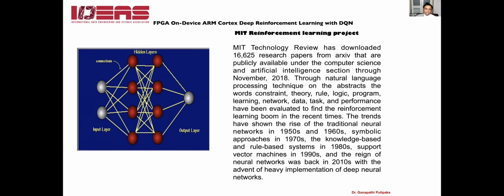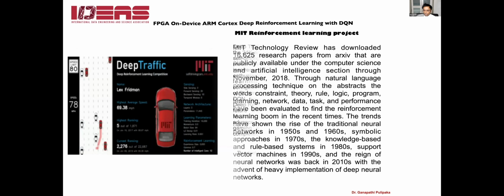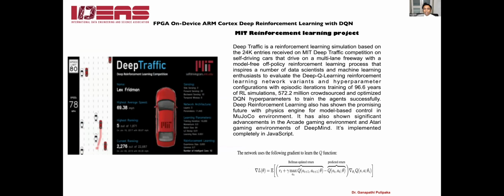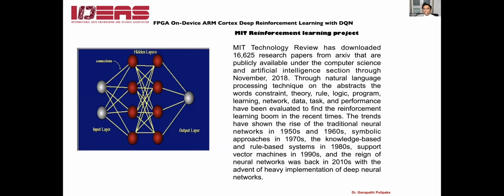The way they did it is they looked for natural language processing by taking some of the keywords like theory, rule, logic, program, and several other combinations, including reinforcement learning. And it was able to see the trends, and the trends showed that reinforcement learning has been on the top for a decade.